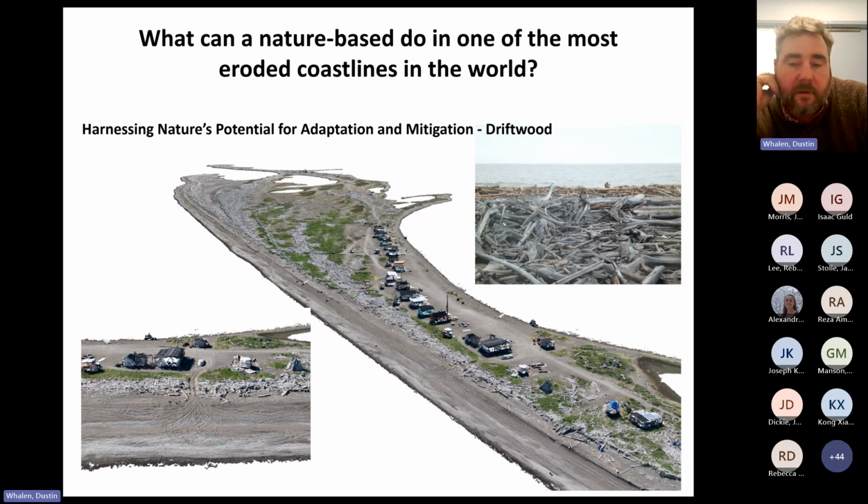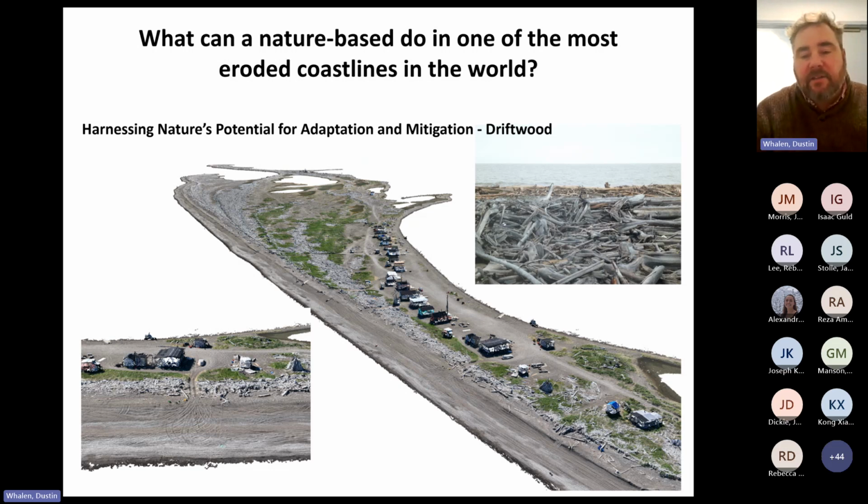The answer is driftwood. This island has a huge history of repetitive storms bringing in driftwood, and then sand overtopping that driftwood, and it's kind of like a layer cake of driftwood and sand.